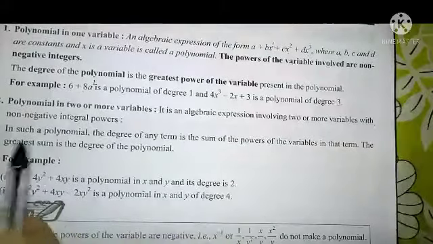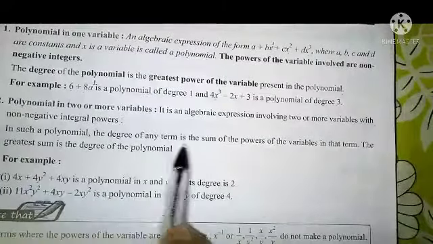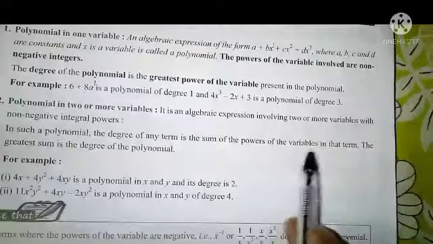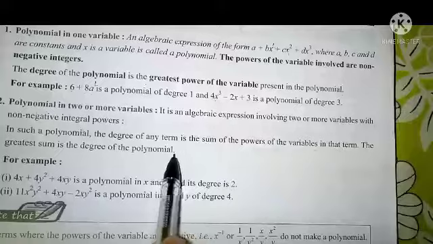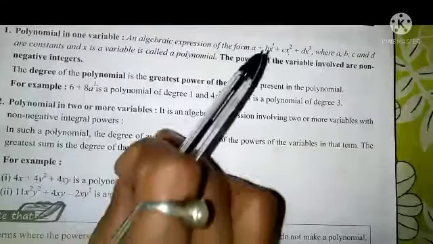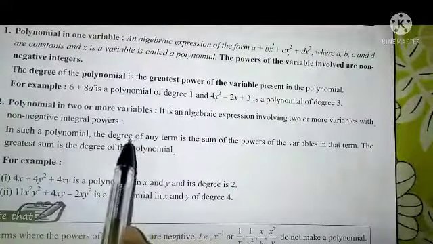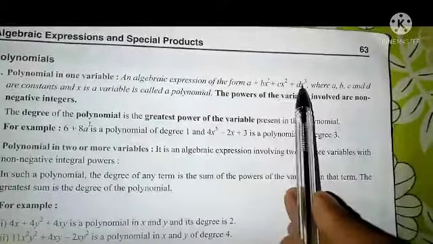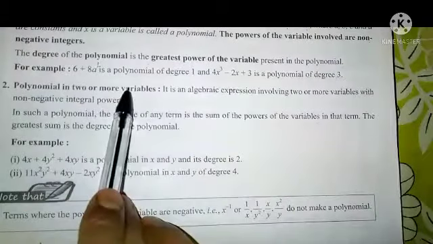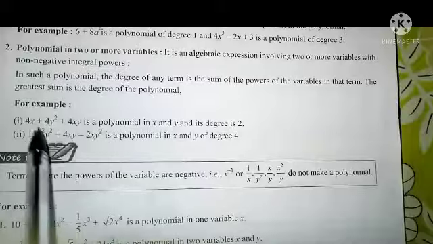In such polynomials, the degree of any term is the sum of the powers of the variables in that term. The greatest sum is the degree of the polynomial. Here, to determine the degree, the procedure is a little different, because in our first case we had only one variable, but here we have more than one variable. Now see the example.